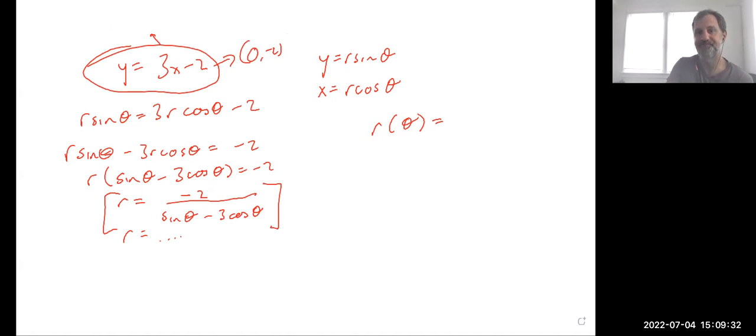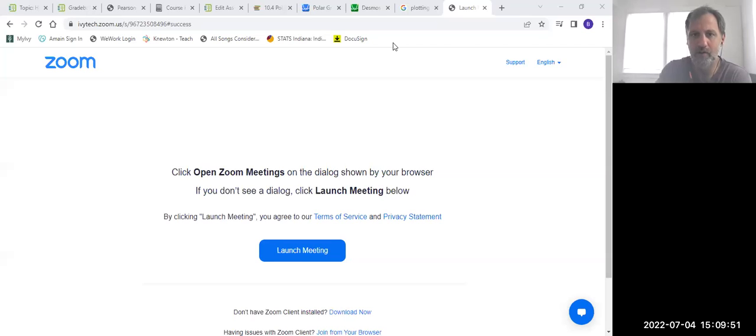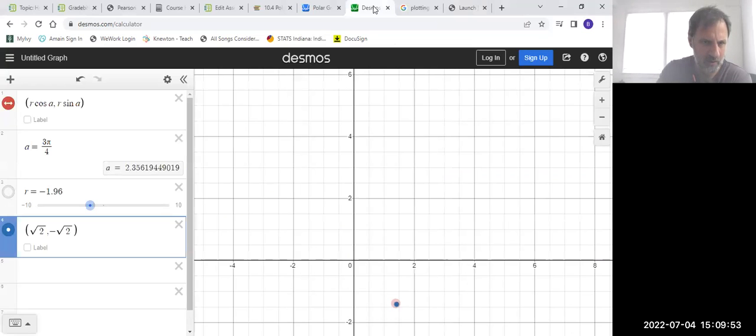So let's take a look. -2, I gotta write that down, or I'll forget it. r equals -2 over sine theta minus 3 cosine theta. Okay, so let's take a look here. Back to Desmos. Take this off, get rid of this.